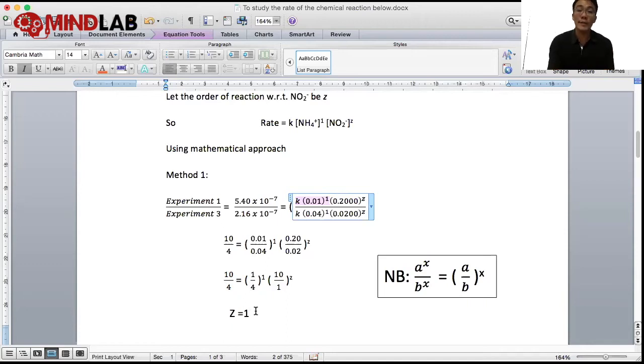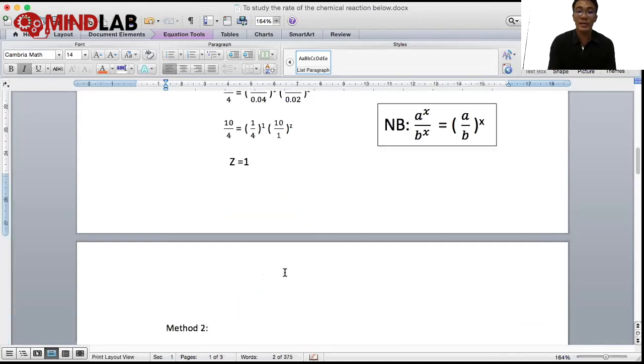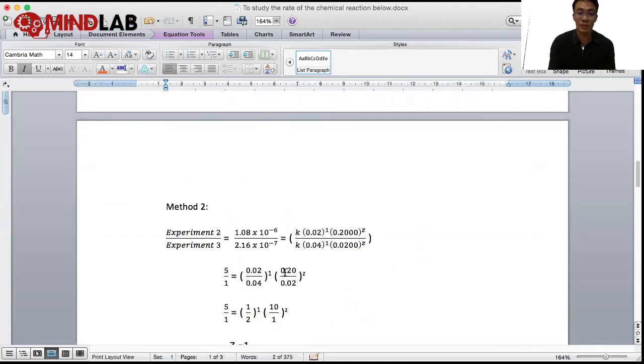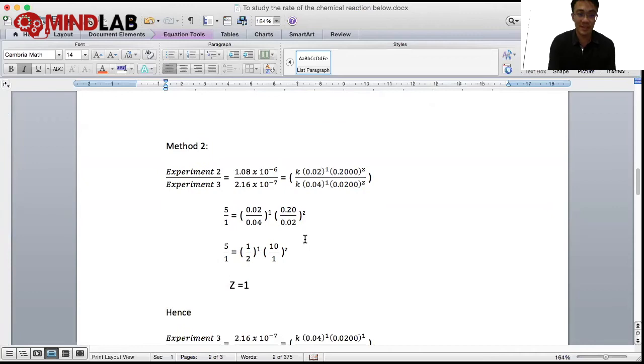Now, what if I use experiment 2 over 3? I can still use this approach. I can use experiment 2 over experiment 3, the same approach of plugging in the respective values. You can also use experiment 2 as the numerator and experiment 3 as the denominator. If you want to make it the opposite, experiment 3 versus experiment 2, be my guest.